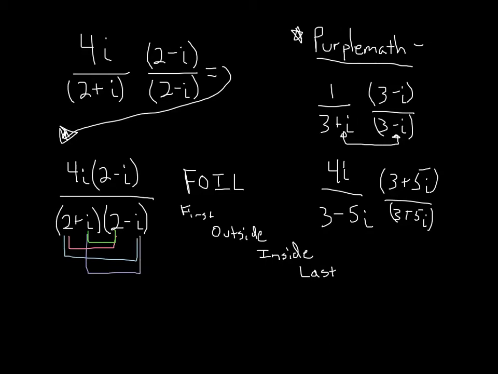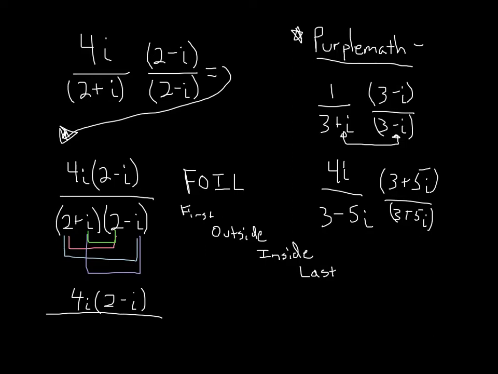So let's do this out. Let's do this multiplication. We have 4i times 2 minus i, up top still, don't need to multiply those any strange ways. Since we have these two numbers added together in parentheses and multiplied together, we have to do the FOIL method.